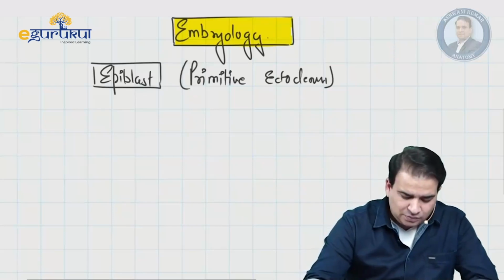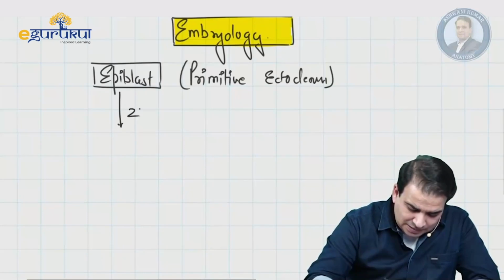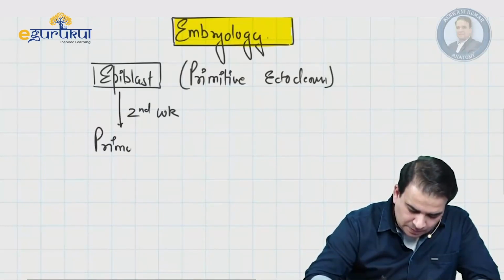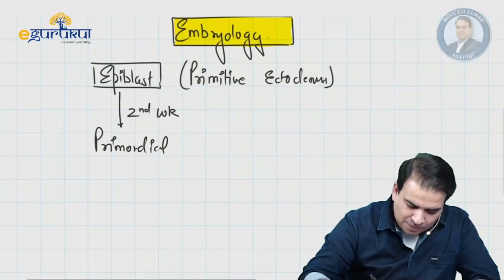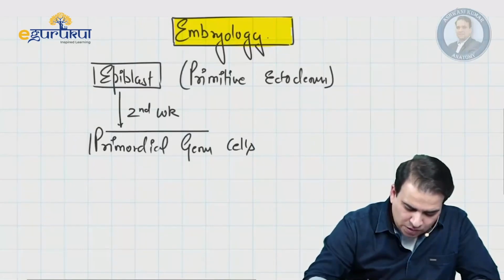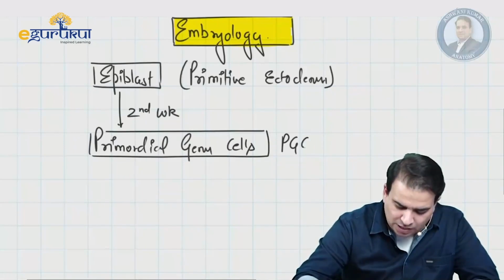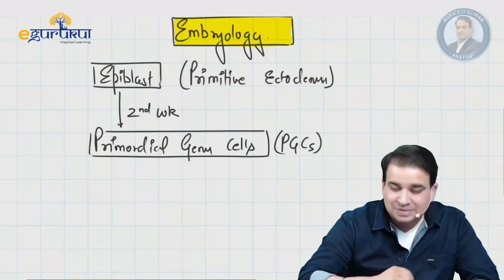It is primitive ectoderm, which is also called epiblast. And this epiblast, in the second week of embryogenesis, will give rise to the primordial germ cells. Let's call these primordial germ cells PGCs from now.